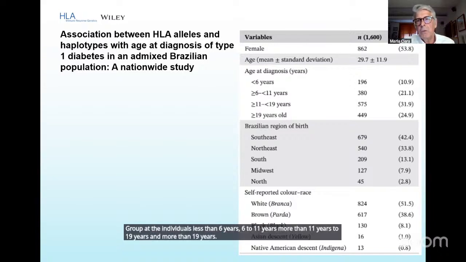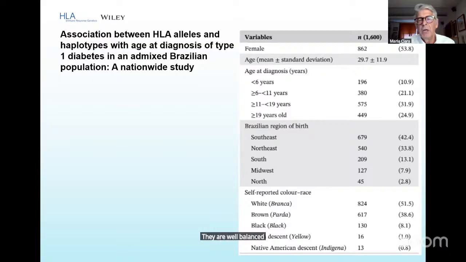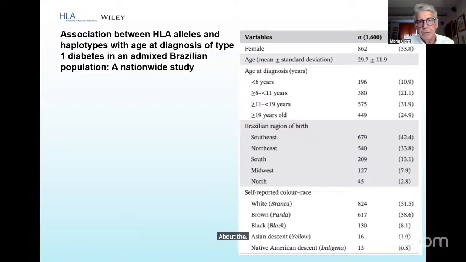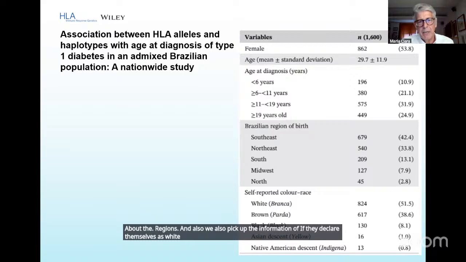They are well balanced, and except for the North region, there are also sufficient numbers to generalize the information about regions. We also picked up the information on whether they declare themselves as white, brown, black, Asian, or Native American.